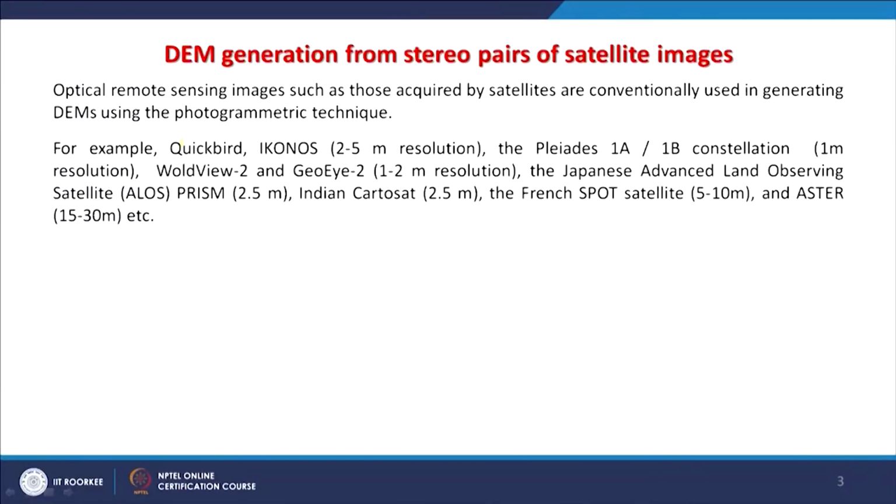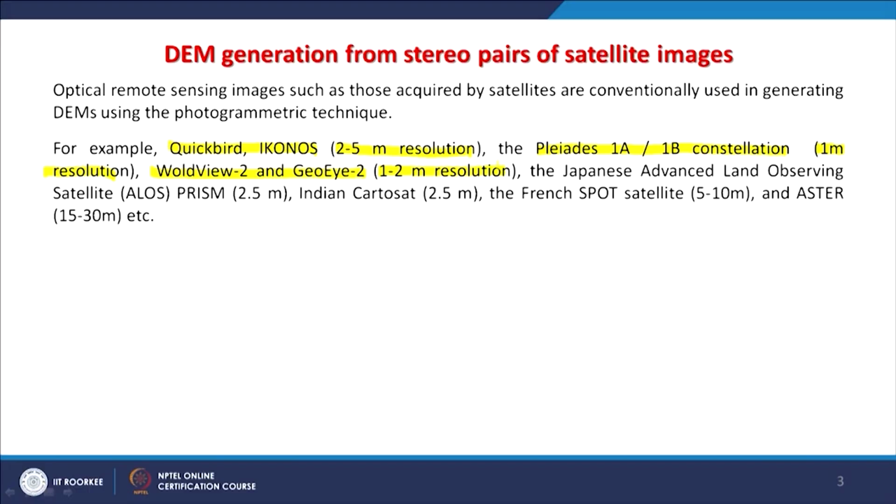So, there are various other satellites, for example IKONOS or QuickBird, which can generate digital elevation models at 2 to 5 meter resolution. Now, the Pleiades 1A and 1B constellation allows us to generate 1 meter resolution, but it is currently very expensive data.